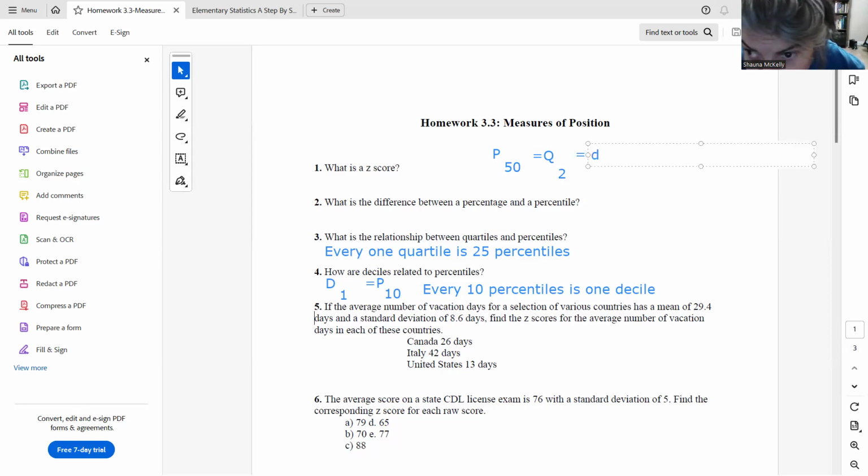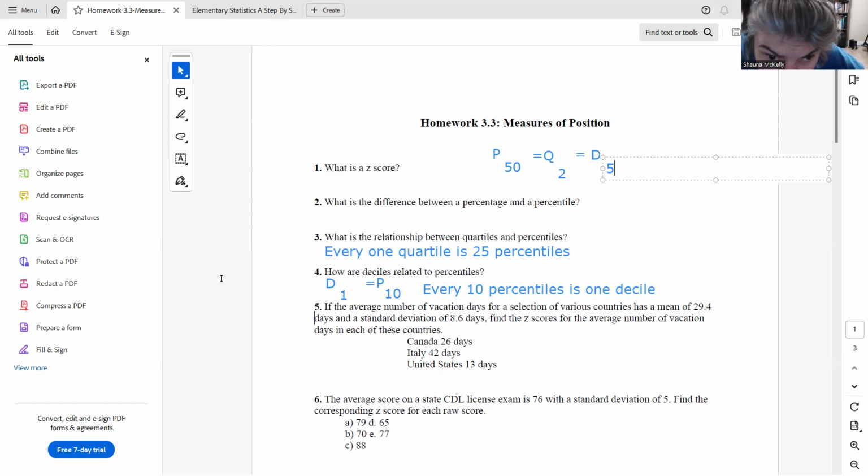Okay, so something like this is what she's looking for in terms of your relationships between the numbers. Okay, so I hope that kind of clears up those first few. We talked about number 1 and number 2 already, okay? But this is something that you need to know. The 50th percentile is the same position as the second quartile or the median, which is the same position as the 5th decile, okay? So let's move on now.